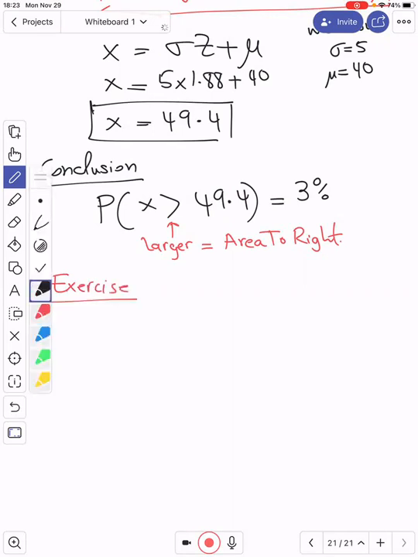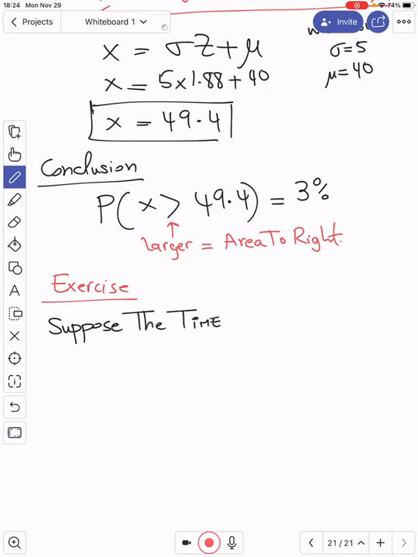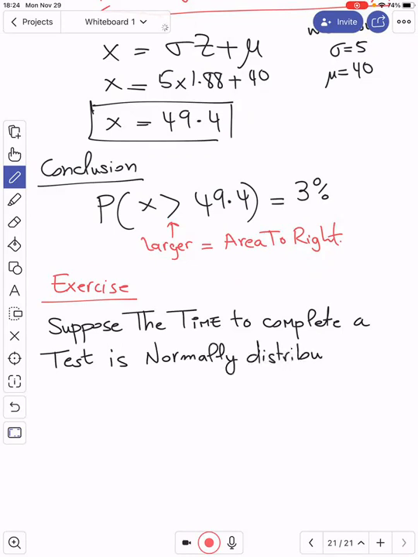So this is a real life problem, right? Suppose the time to complete a test is normally distributed, following a normal distribution with mean equal to, let's say, 40 minutes, and standard deviation sigma of 5 minutes.